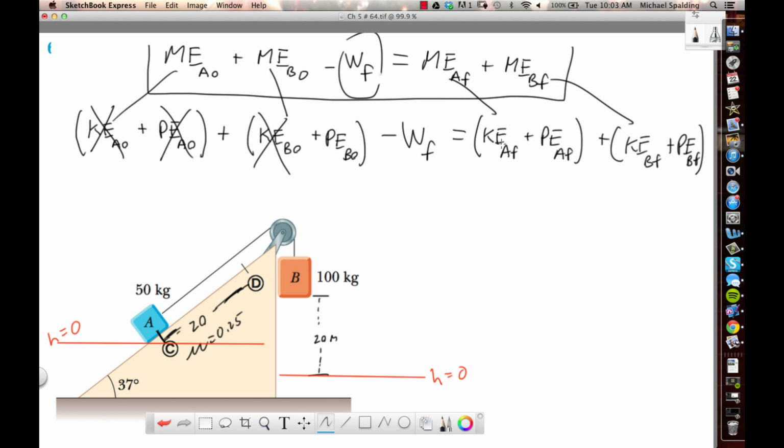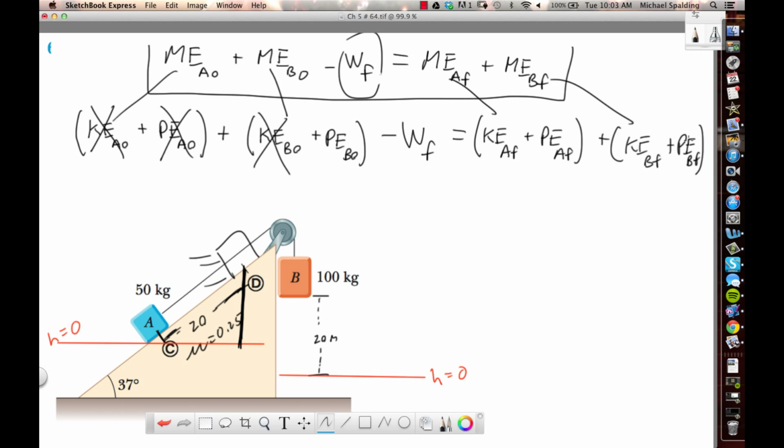Do we end with kinetic for object A? Yeah. When object A gets up here, it's moving. It's got velocity. Do we end with potential for object A? Yeah. In fact, what are we going to have to figure out here? The H. You're going to have to solve for that height right there. Kinetic B. Does object B end with kinetic? Yeah, it's moving.